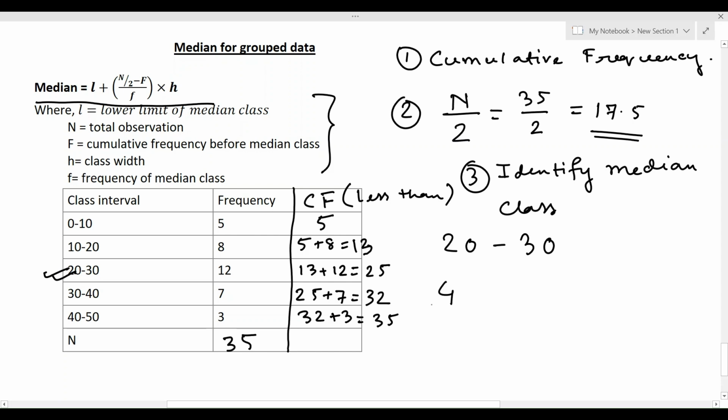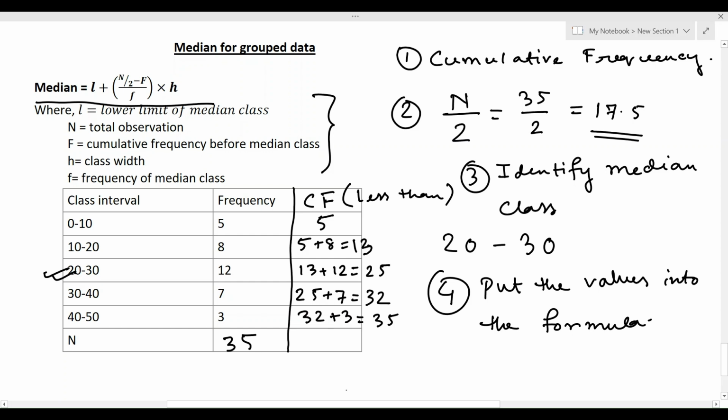The next step is to put the values into the formula. Now we have already seen the formula here. The next step is just to put the values into this formula.